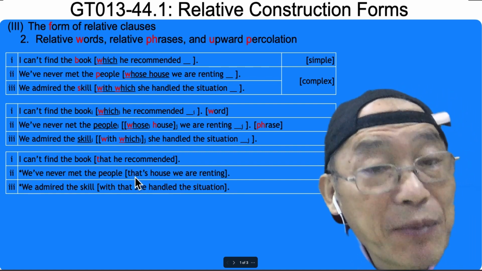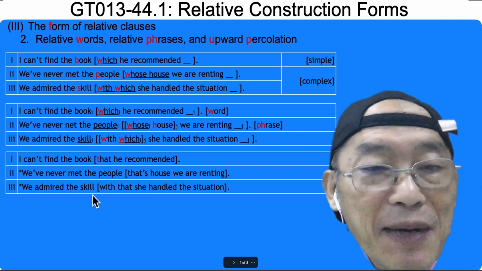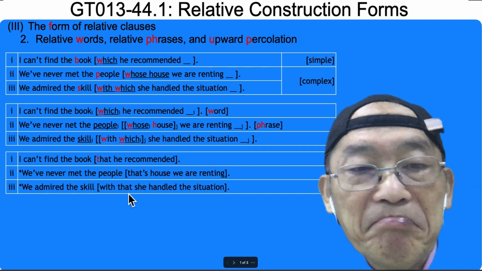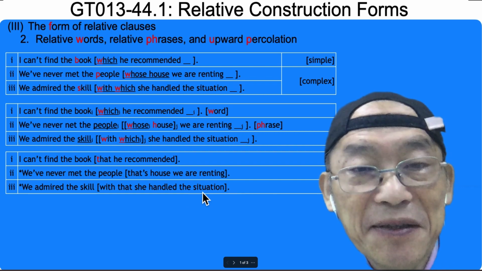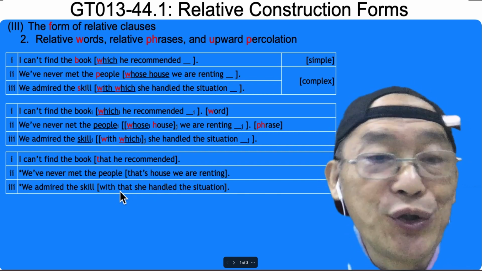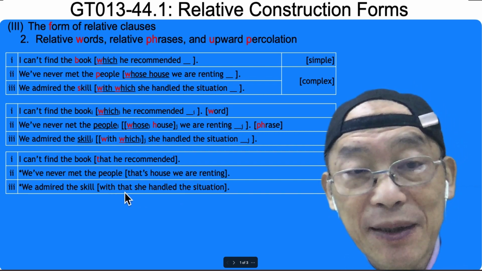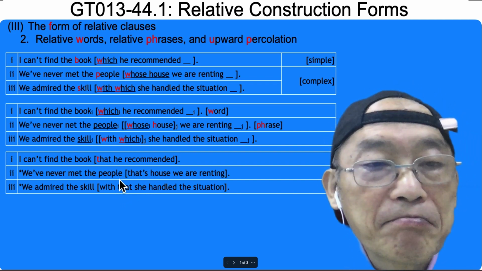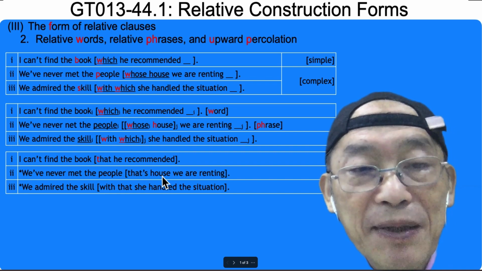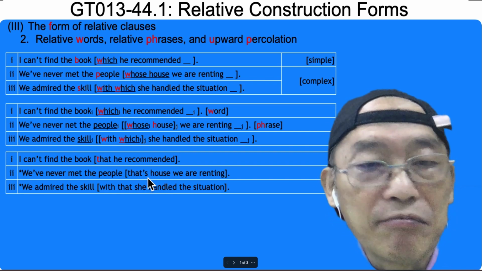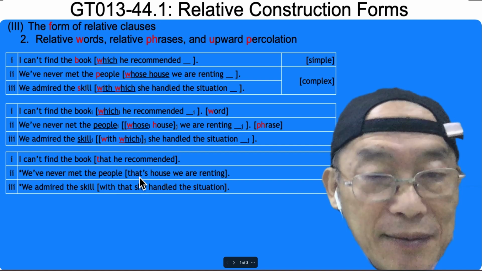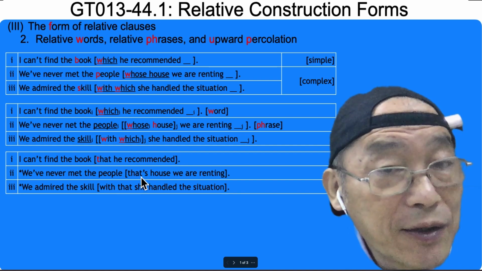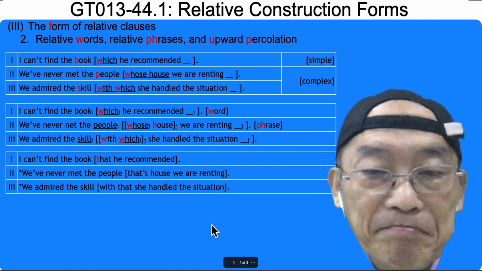You've got to use WH type. With the skill, with that, to handle the situation, with which. You cannot use that because percolation is needed. Yeah, percolation, type 6, needed. We cannot use that. We've got to use whose house.